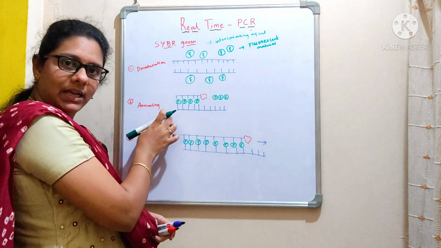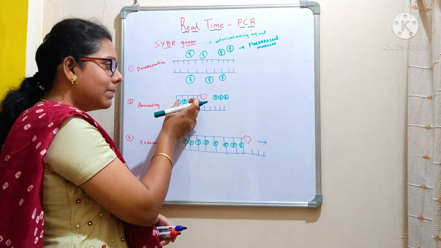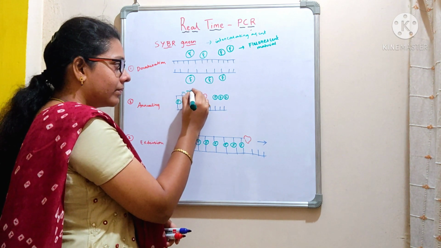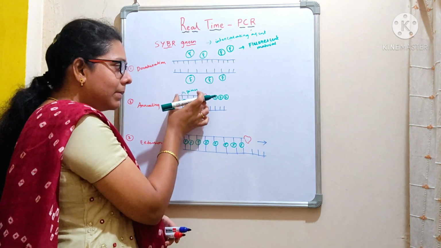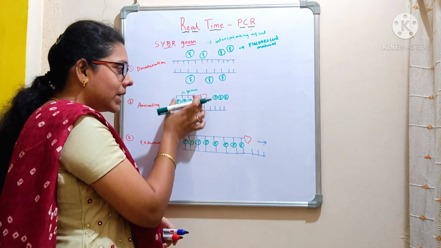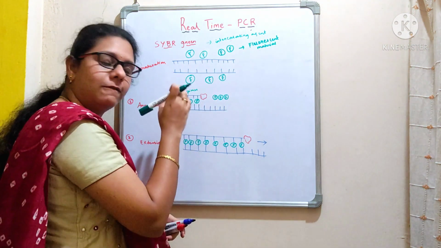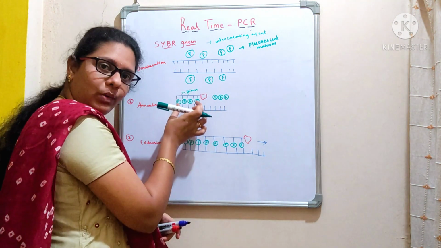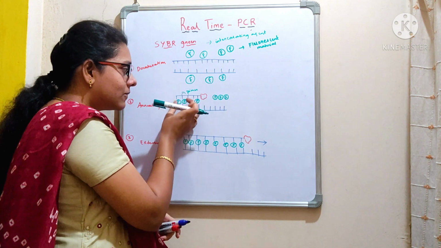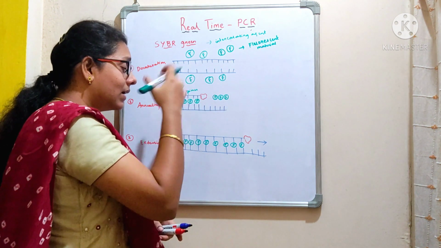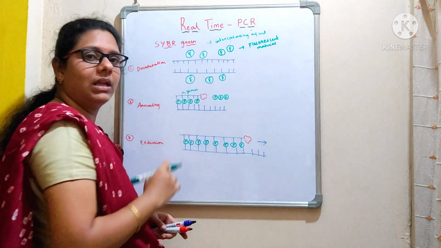Next is the annealing step, where the primer will go, and this is the primer. The primer, which is complementary to the DNA sequence, will base pair with the DNA. Once the primer binds with the DNA forming a duplex, then these fluorescent molecules will bind within the DNA molecule.